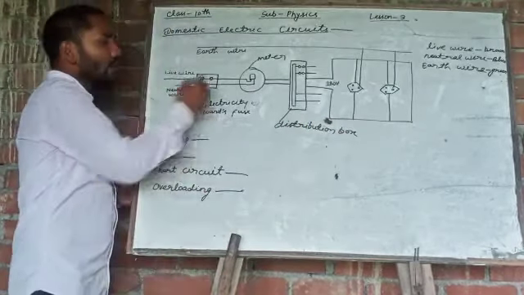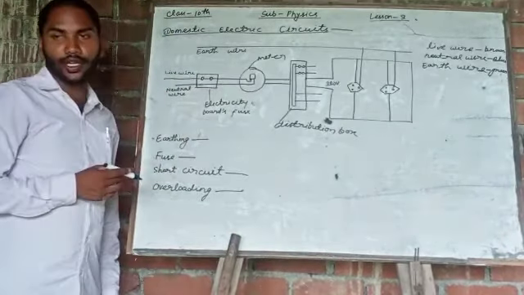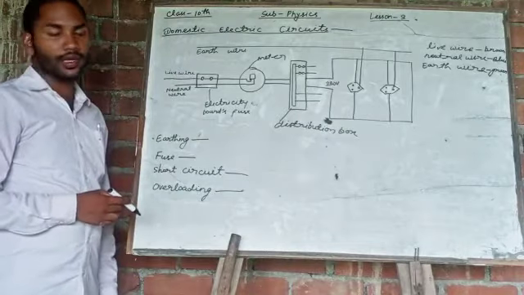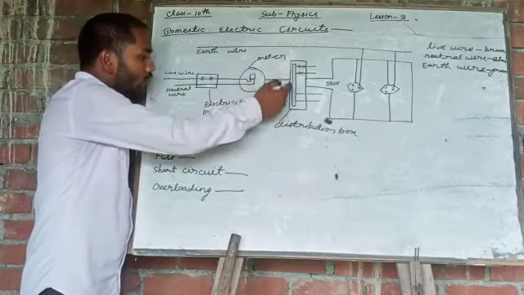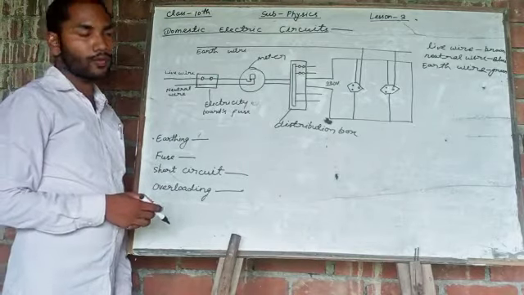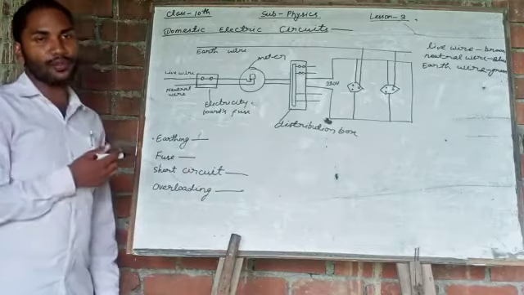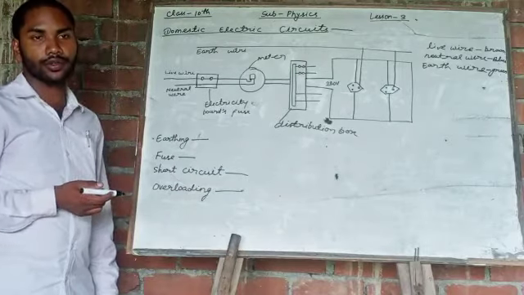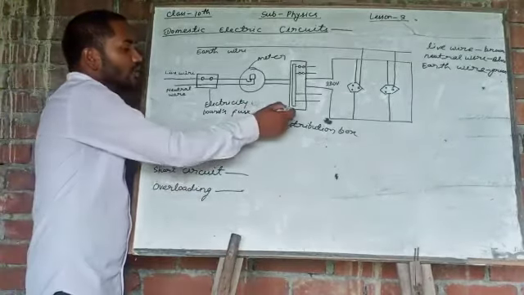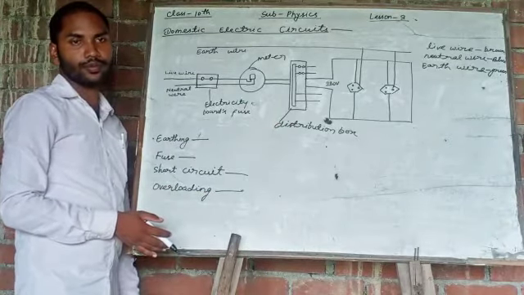So the electricity goes into the meter, and from the meter it goes into the distribution box, where our small fuse is attached. The distribution box is our main switchboard.